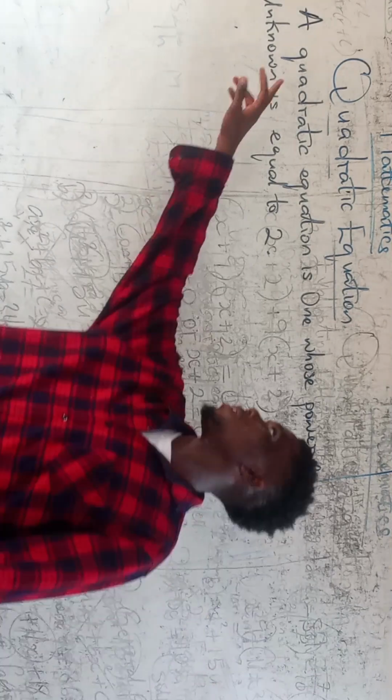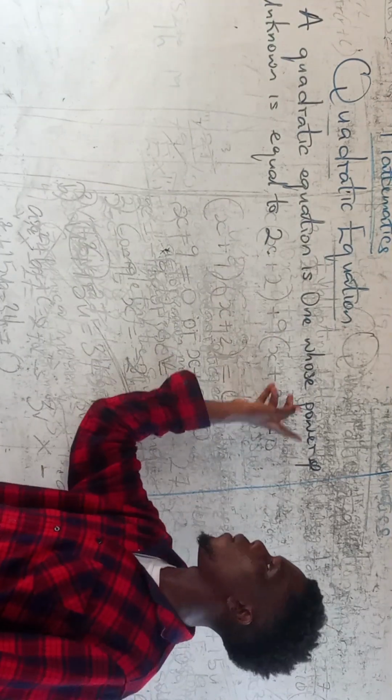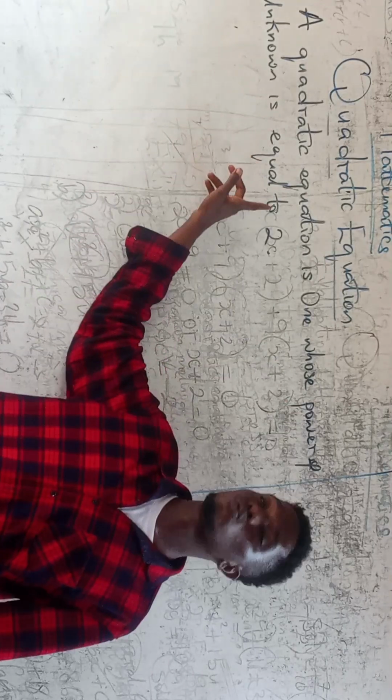It says here that a quadratic equation is one whose power of unknown is equal to 2.